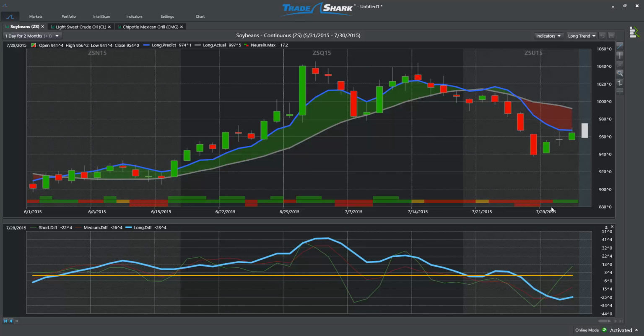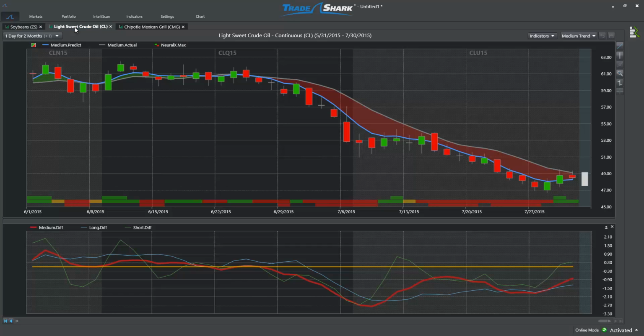To demonstrate a few more examples, I have brought up this chart for light sweet crude oil, as well as a stock, Chipotle Mexican Grill. So here in light sweet crude oil, we obviously have a declining market, but let's take a close look at each predictive difference. Here we can see the market moving sideways with a slight bias to the upside that we can see clearly from the short-term predictive difference.